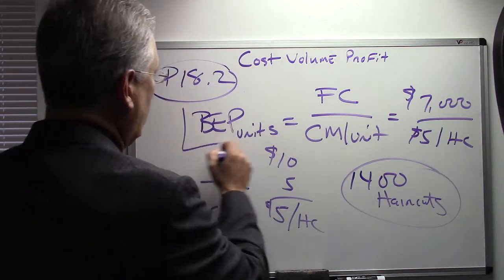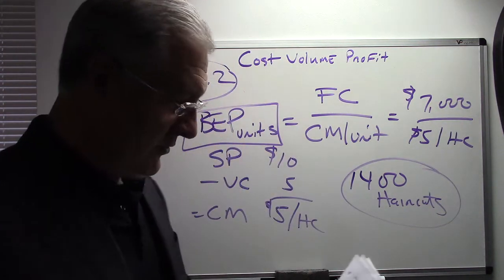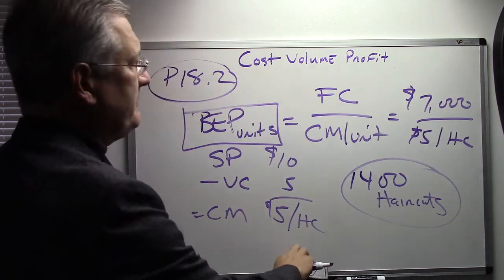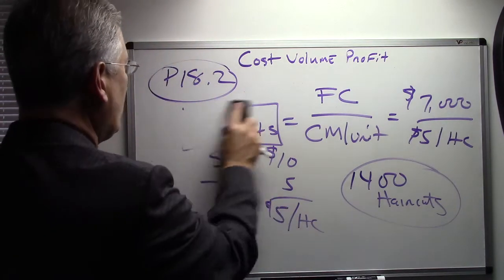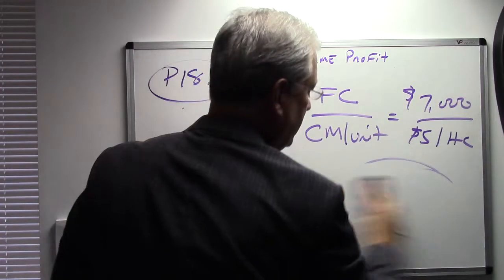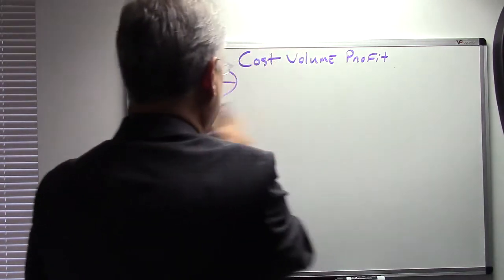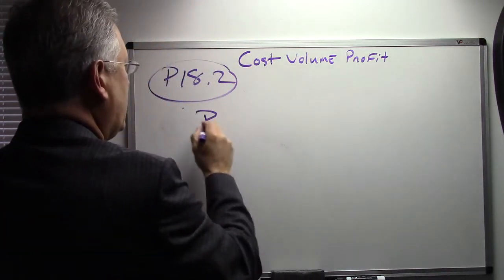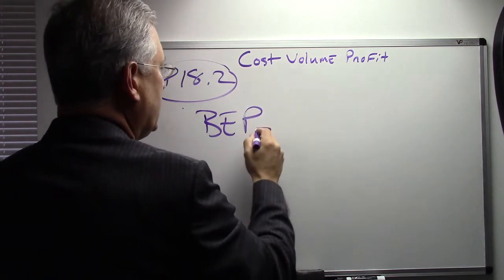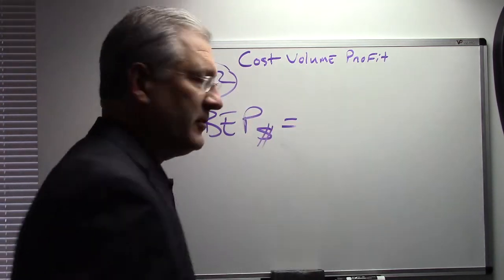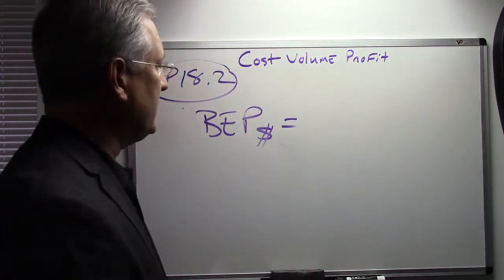That's the break-even point in units. The next question is asking for break-even point in sales dollars.